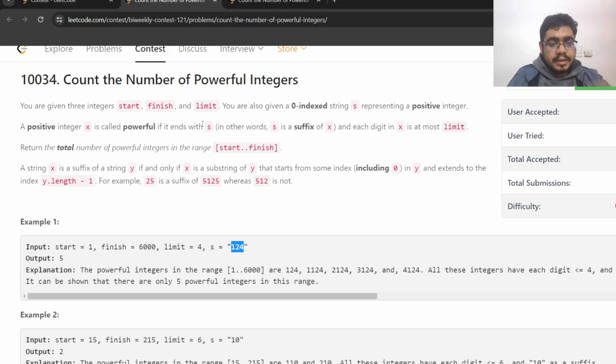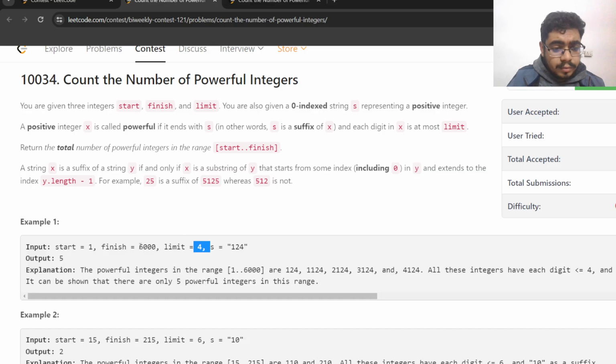There is one more condition given, which is that each digit of such a number should be within a given limit. So let's say if limit is 4 here, a number 5124, although it has 124 at the back, is not powerful because it has a digit 5, which is more than this given value 4.